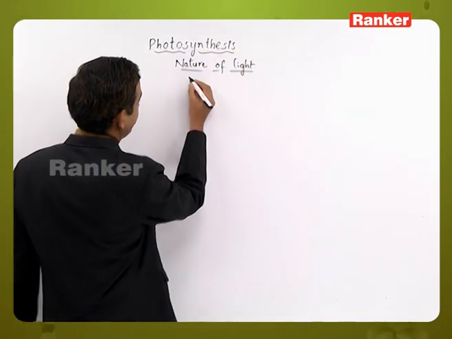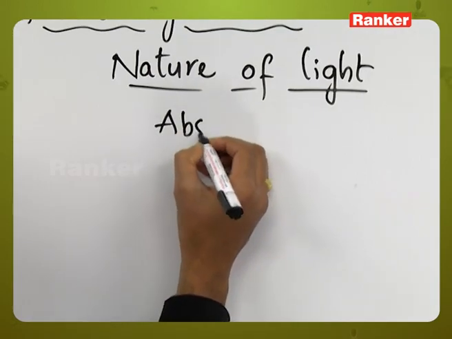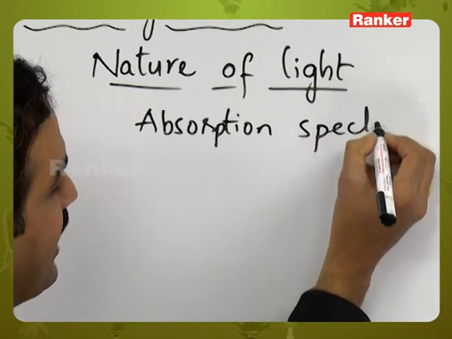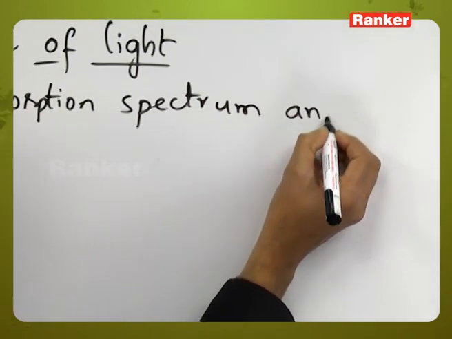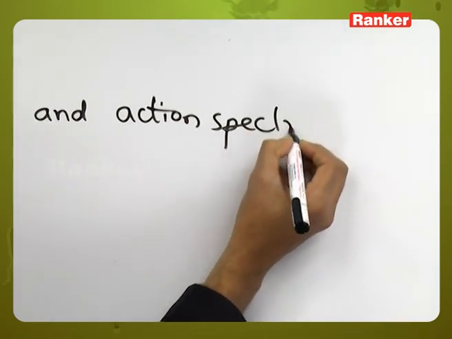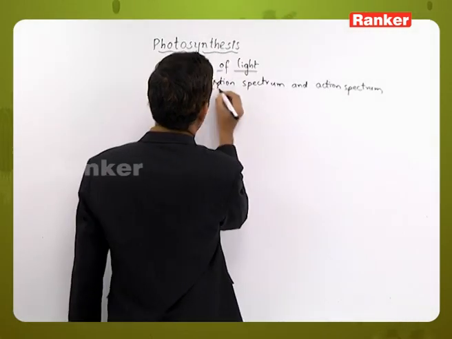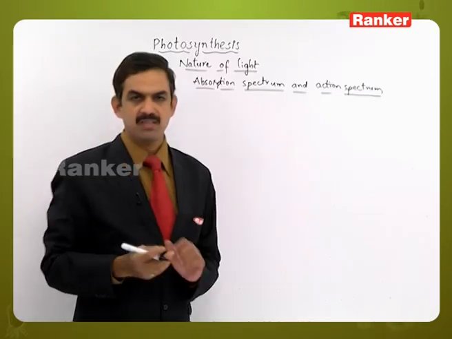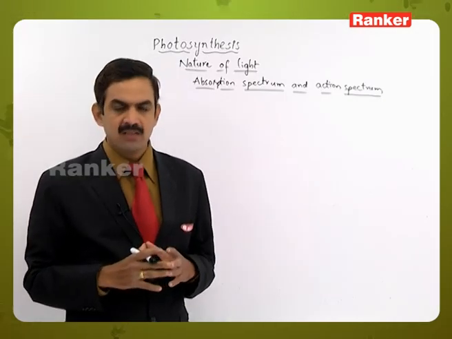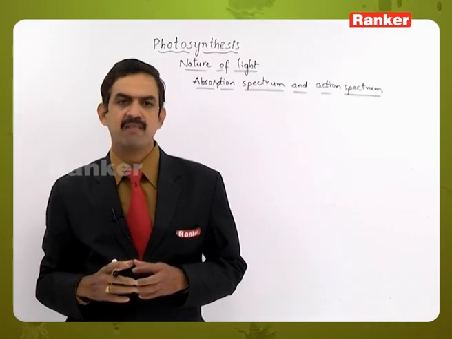Next one is absorption spectrum and action spectrum. Different photosynthetic pigments have the ability of absorbing radiation at different wavelengths.